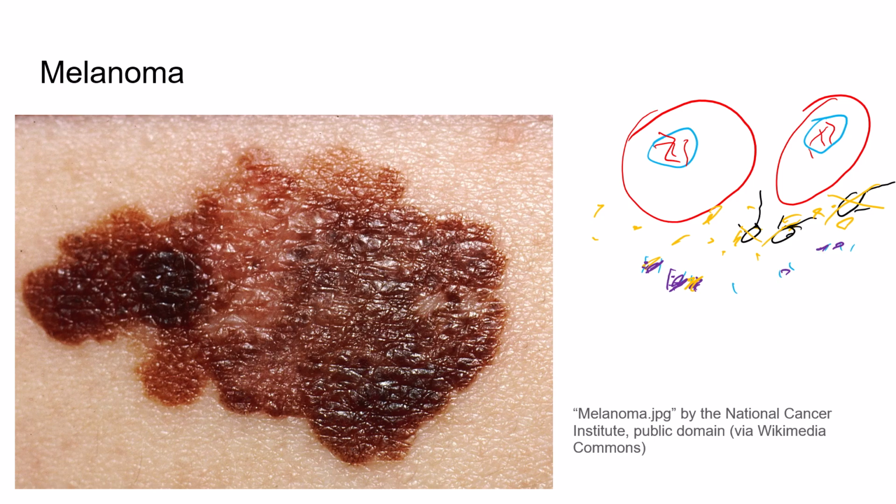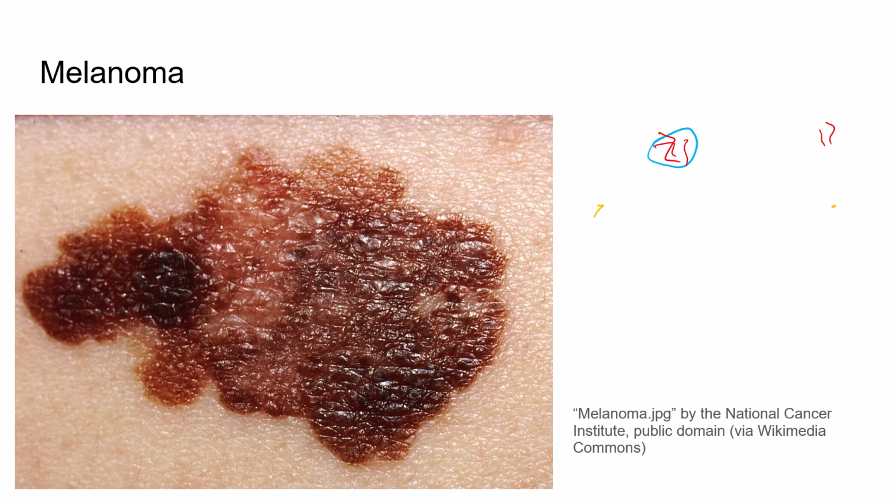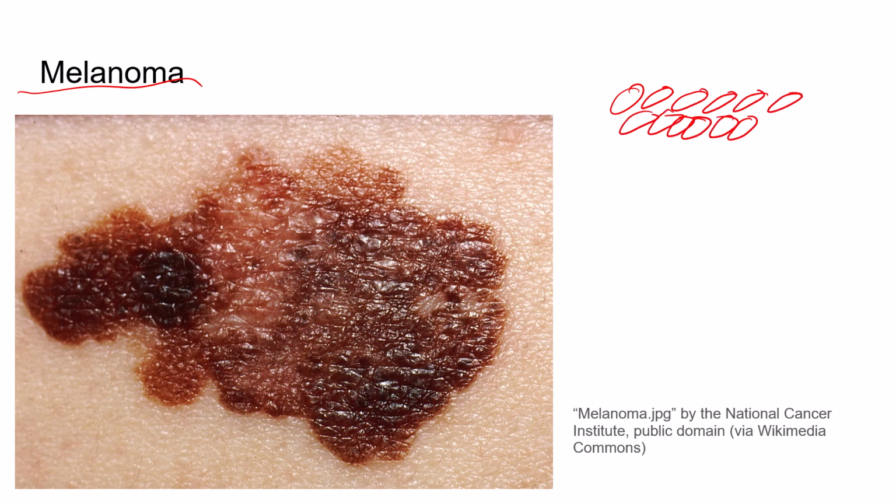Now we will talk about this slide. On the left, I have an example of cancer. This is a type of skin cancer called melanoma. You remember earlier I have drawn some examples of skin cells. Now, have you ever wondered why some people have light skin and some people have dark skin?